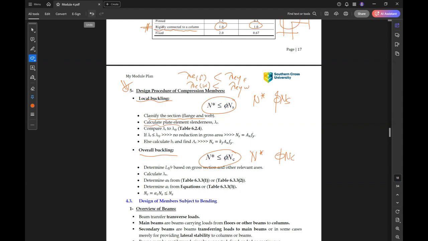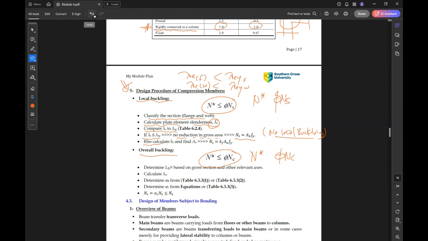Then calculate the plate slenderness lambda e and compare lambda e to lambda ey. If lambda e is less than lambda ey, there is no reduction in the gross section area because no local buckling occurs, so Ns equals Ag times f yield.